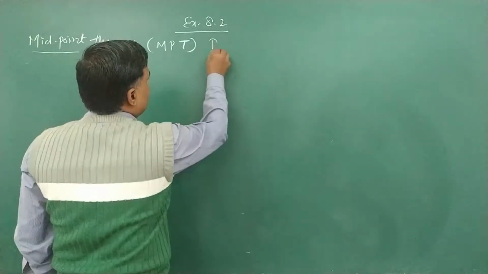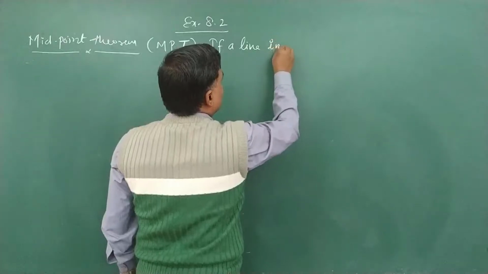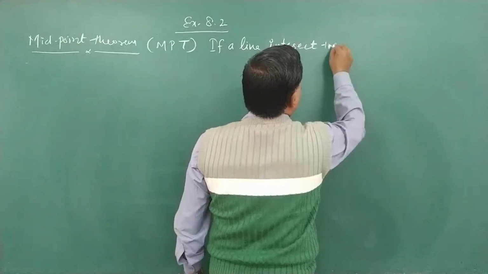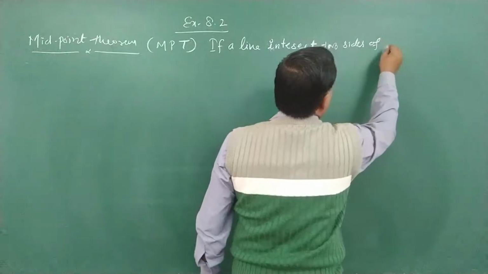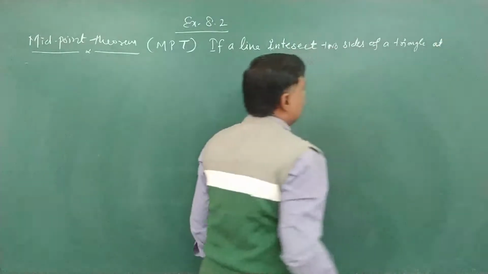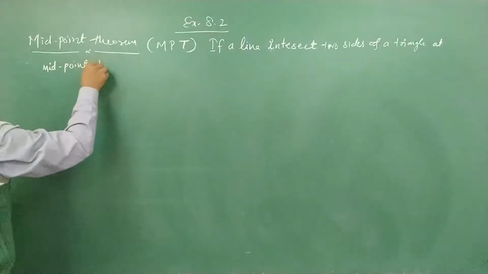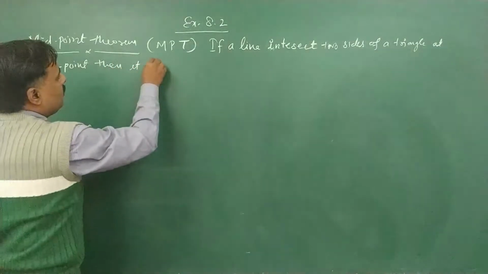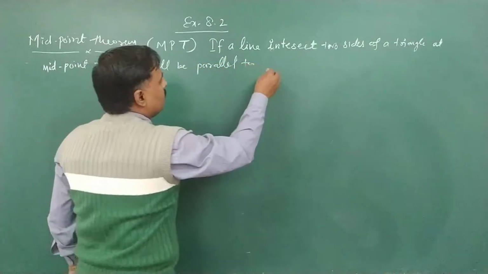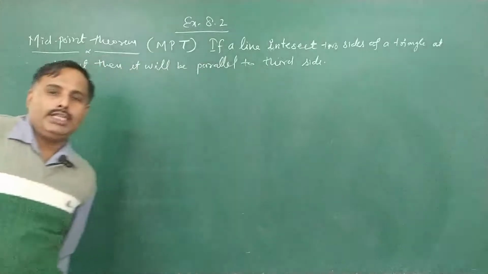The statement is, if a line intersects two sides of a triangle at midpoint, then it will be parallel to the third side.